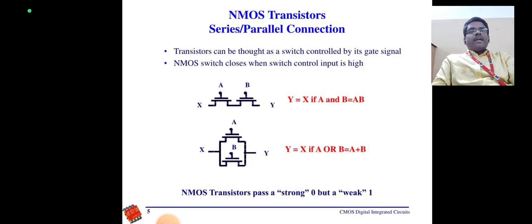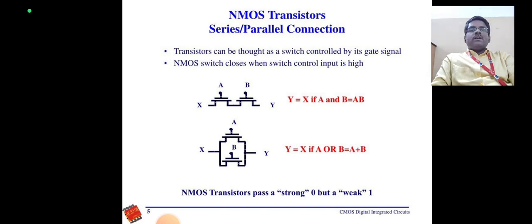Next, how do NMOS transistors work? They are connected in series or parallel. If two NMOS transistors are connected in series, the inputs are A and B, and the output is A into B, that is the logical AND operation.